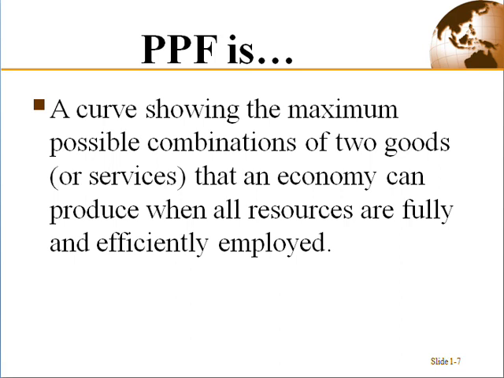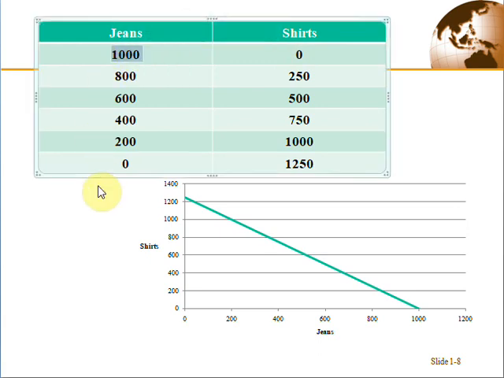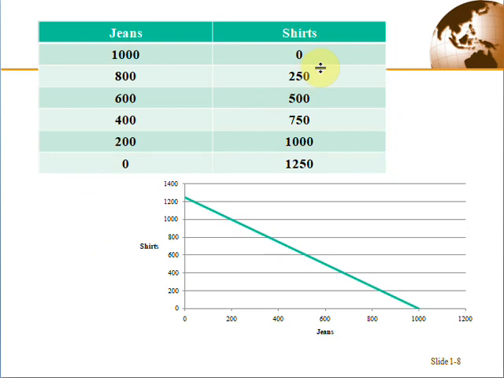That's your production possibility frontier. And this is a typical illustration here. This country can either produce gin or produce shirts. So if they decide to invest all their funds in producing gin, they will produce 1,000 and then zero shirts.